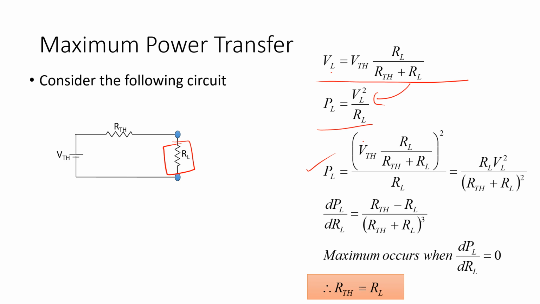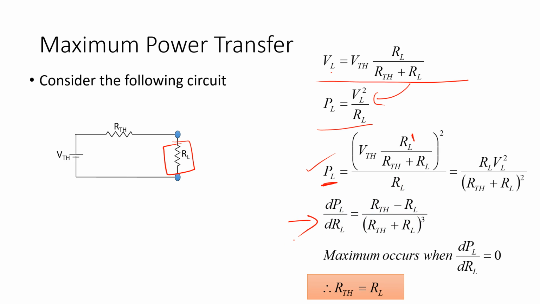And then to find what is the maximum power, if I want to find what is the maximum power possible with respect to the load resistance, then as with finding any maximum point, I have to find the derivative and the point at which the derivative is 0. So I differentiate the equation, and I should end up with this.